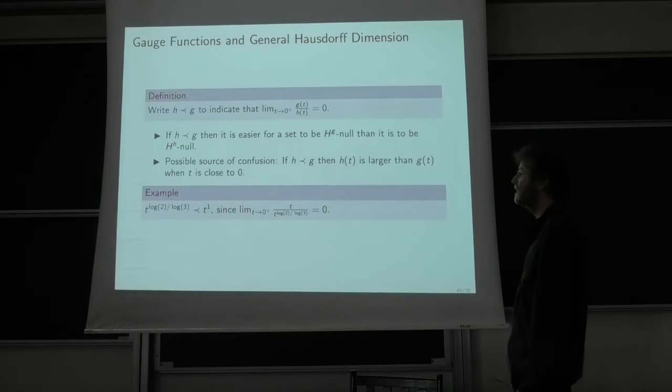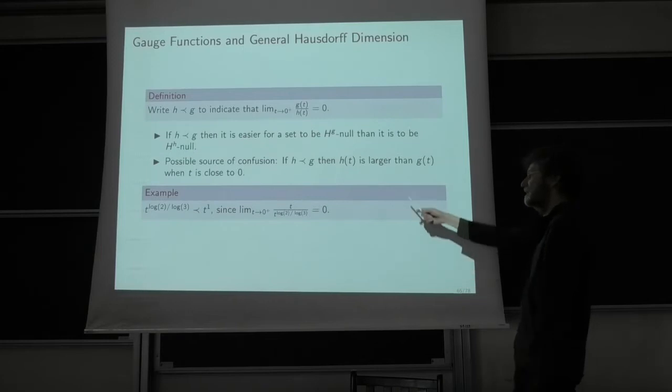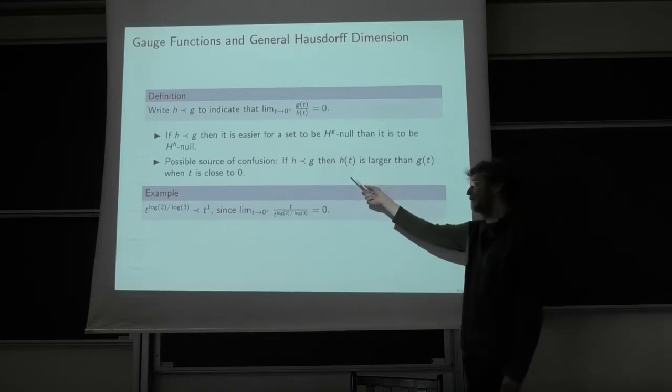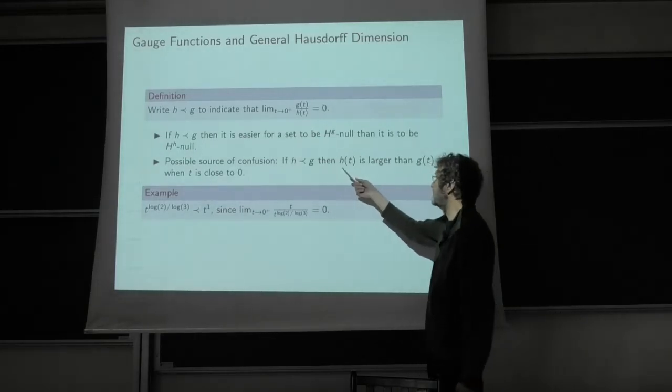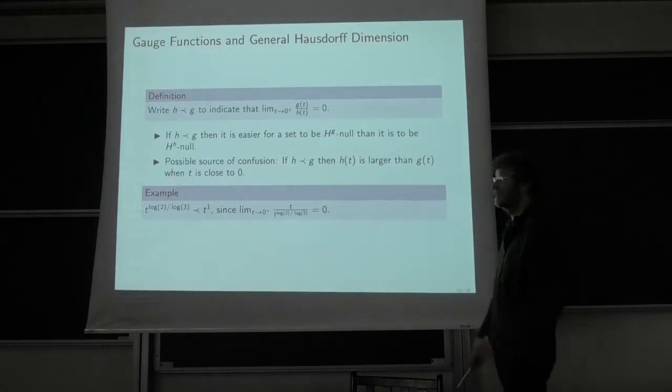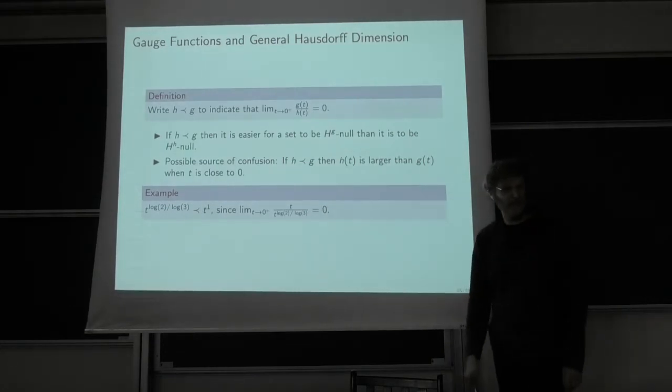It's easier to be G null. And like I said here, this I personally find confusing. If H is less than G, then actually H of t is larger than G of t as t goes to 0.